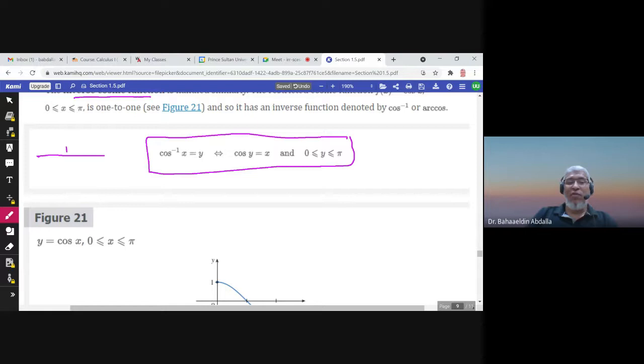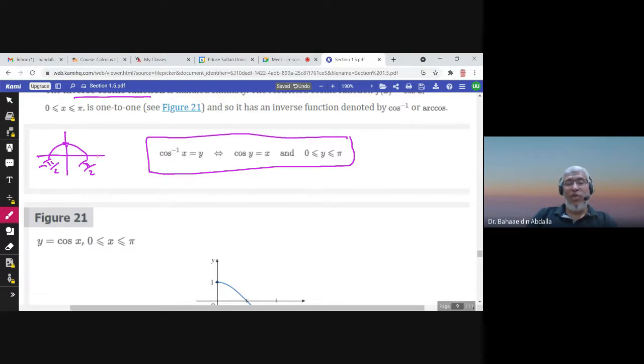You know the graph of cosine, at 0 it is 1, and it goes like this. So from negative pi over 2 to pi over 2, it doesn't pass the horizontal line test. So this interval is not good.